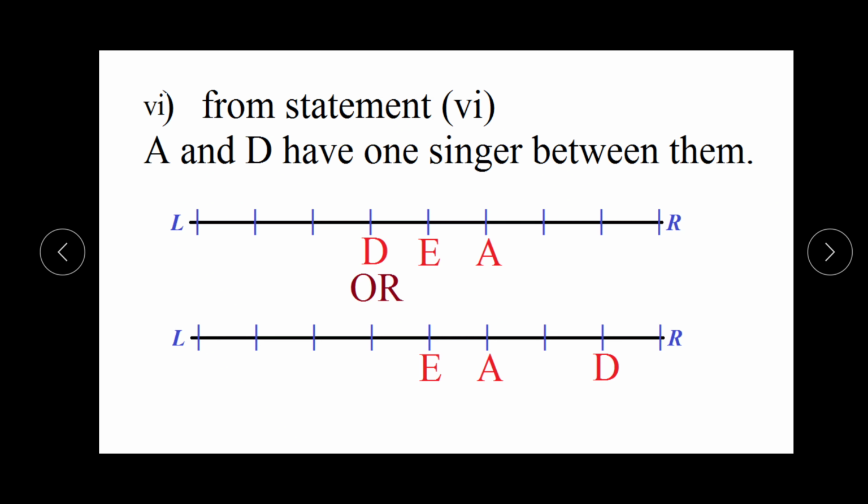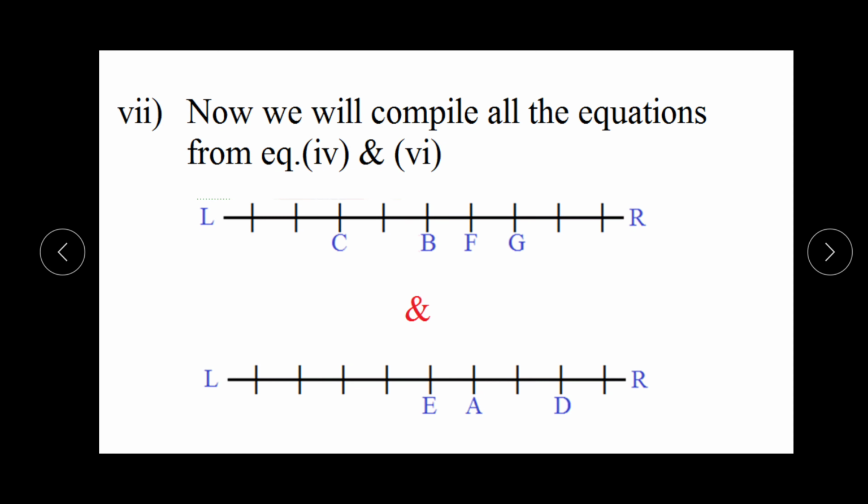First this, and the earlier one we have solved also. From both these equations, now we will compile all of them, from statements fourth and sixth. This is the arrangement on the basis of three or four statements, and this is also the arrangement based on two statements. Here are the four persons and here are the three different persons. If we check both the lines, they all are the seven persons. These are the seven singers. Here this is a blank space and this is also a blank space.